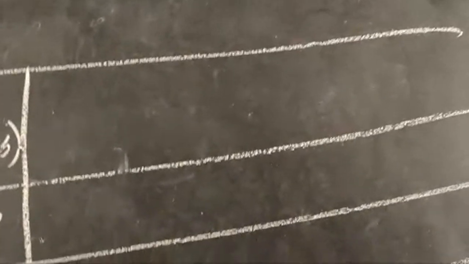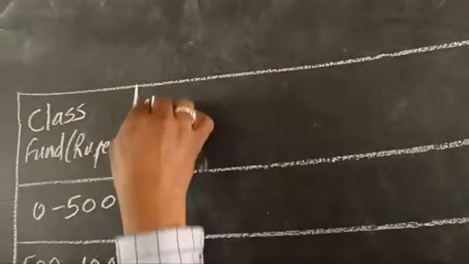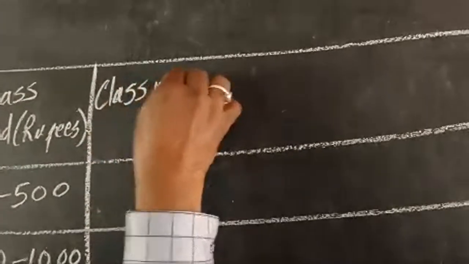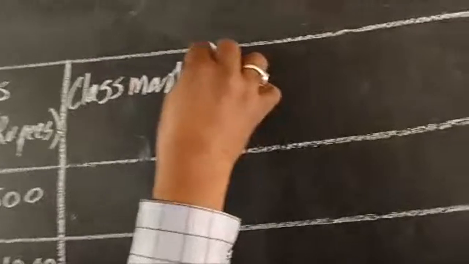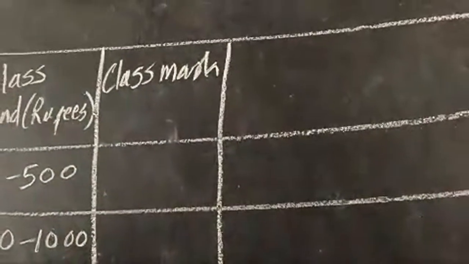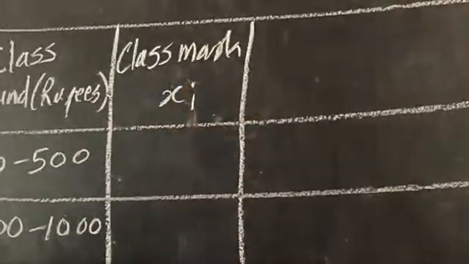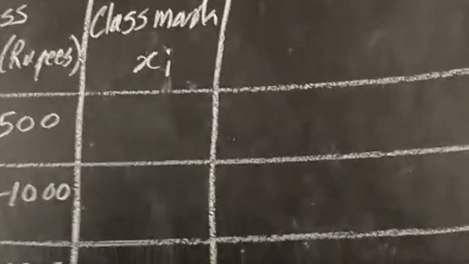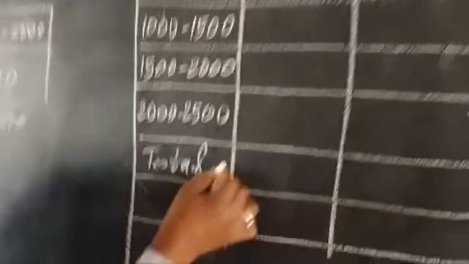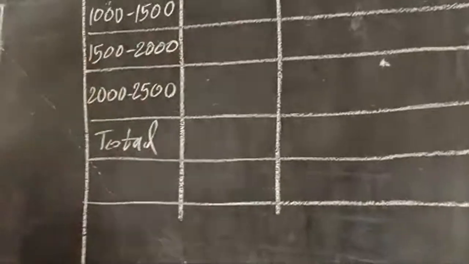Next column is class mark, denoted by xi, and here we take total.